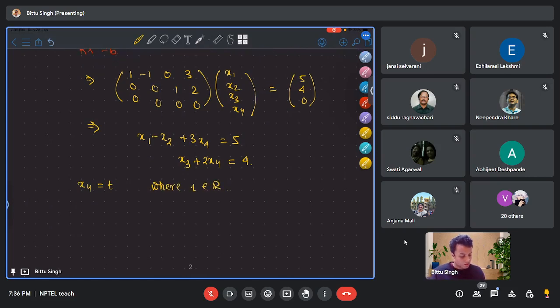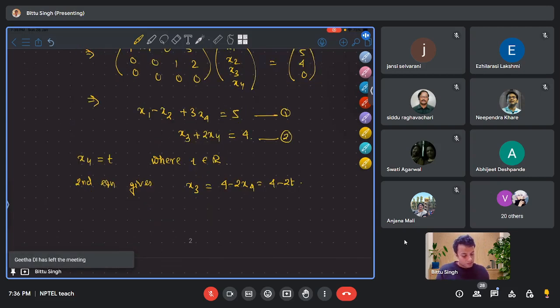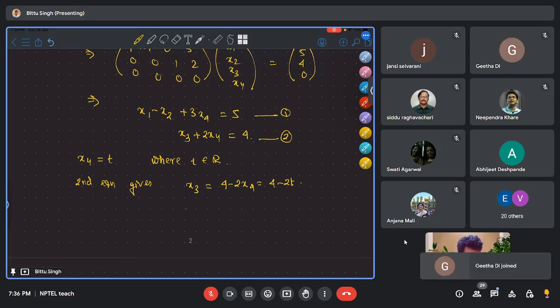Then if we denote x4 equal to t, the second equation gives x3 equal to 4 minus 2x4. That is 4 minus 2t. Okay. And now from the first equation, what will we get?